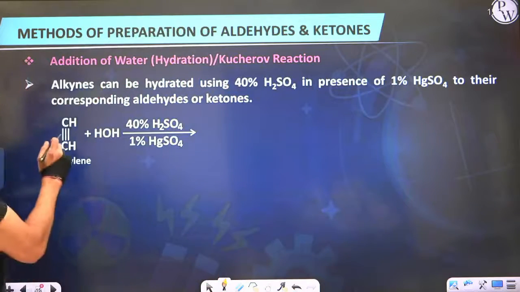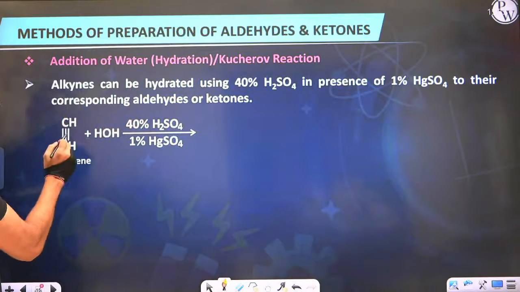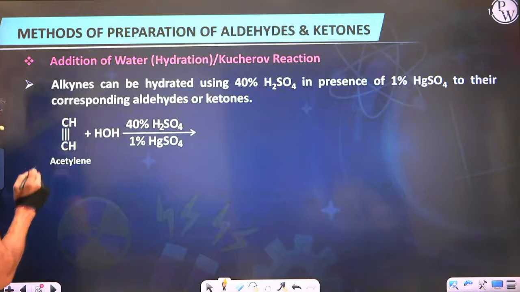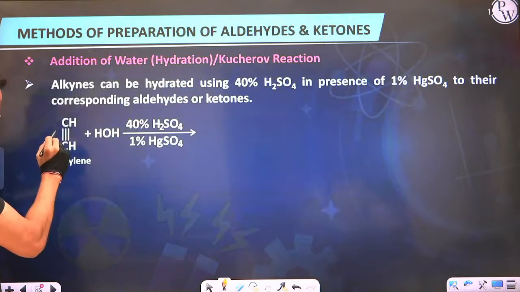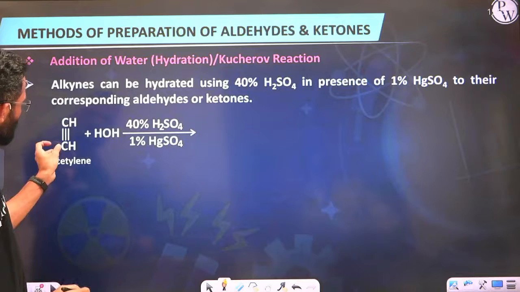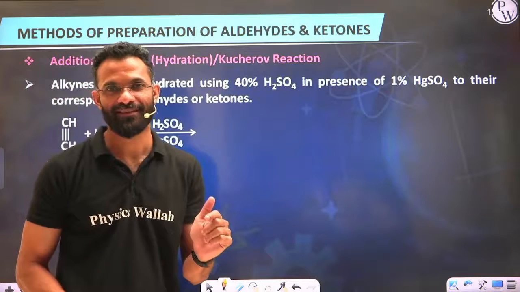Let's say one of the pi bonds breaks and attacks H plus. Then one of the two carbons will become cationic, carrying a double bond. The positive charge present at the doubly bonded carbon is highly unstable.